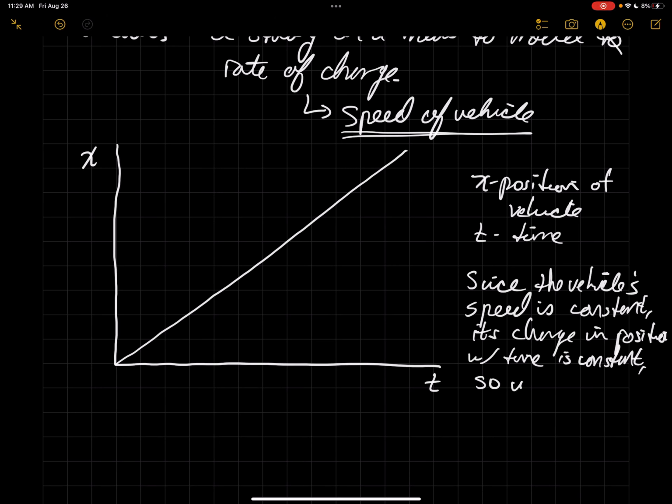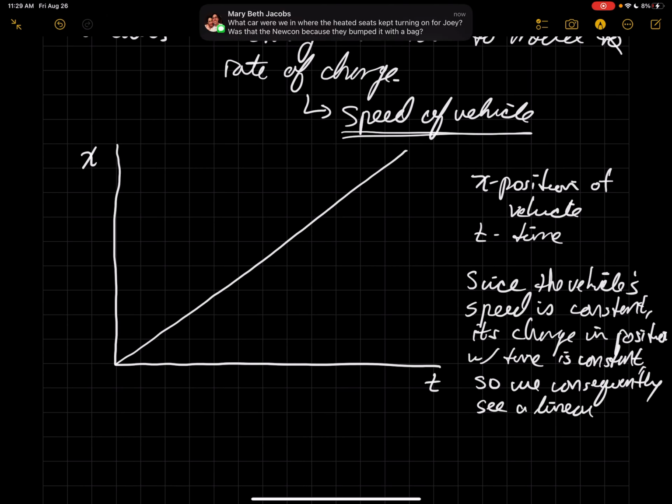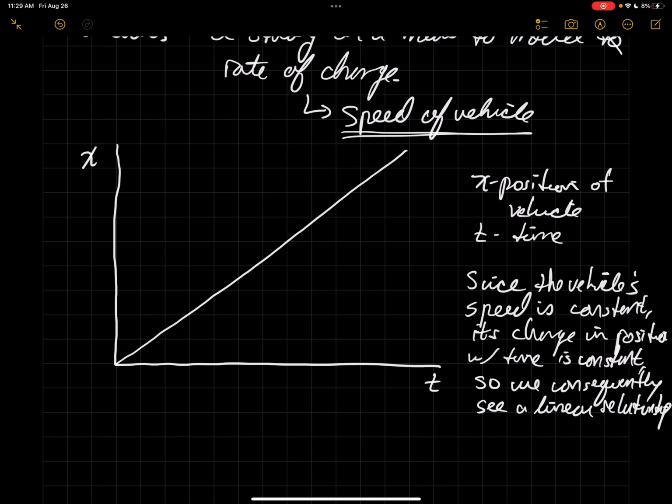So we consequently see a linear relationship between position and time.